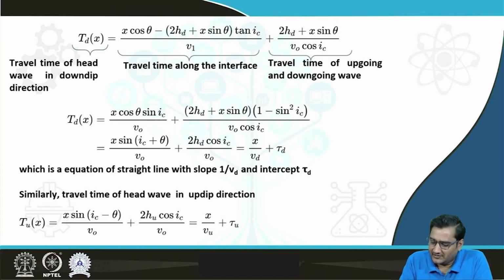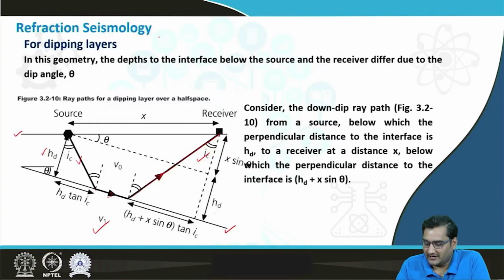So that is what is written, TDX, the travel time of the head wave in the down dip direction with respect to the offset x, is equal to x cos theta minus (2hd plus x sin theta) tan IC, divided by V1. That is the travel time along the interface, the travel time of this portion of the head wave over here.